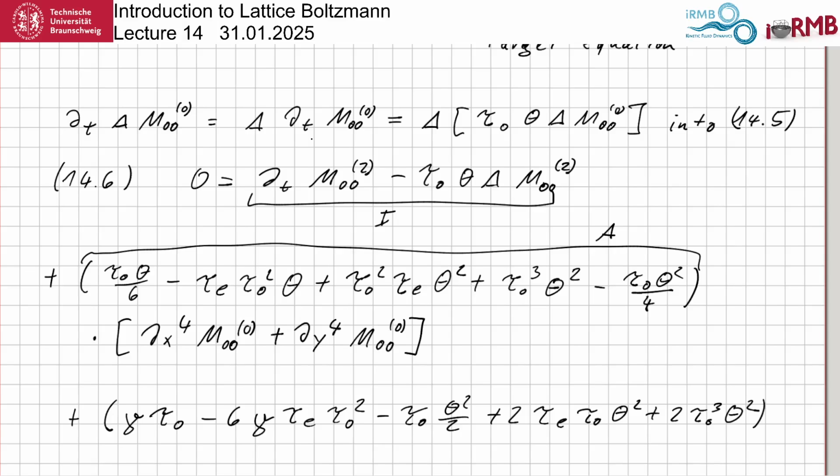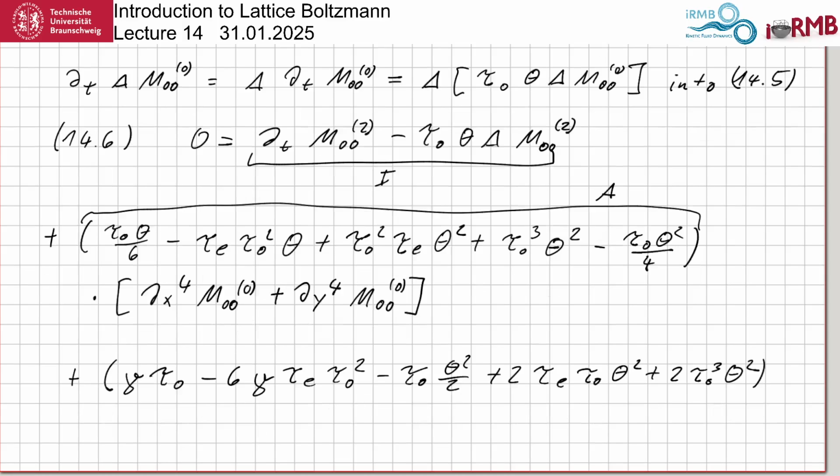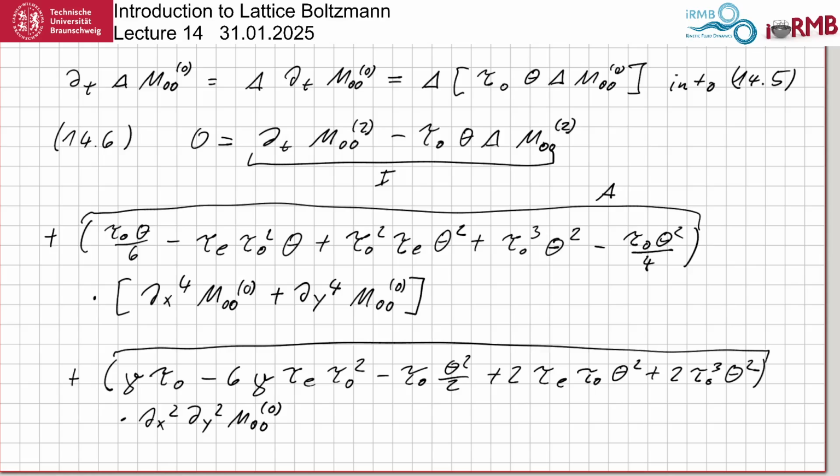Okay, I mean it looks ugly, so this is what the computer throws out. And this is the mixed second derivatives. And I'm going to call this guy here B.